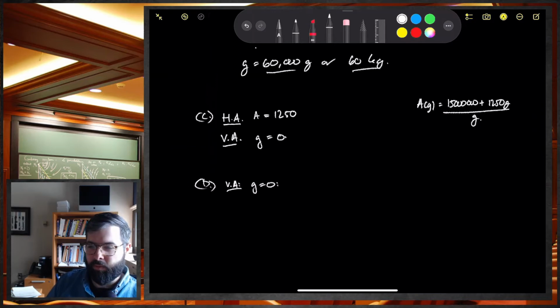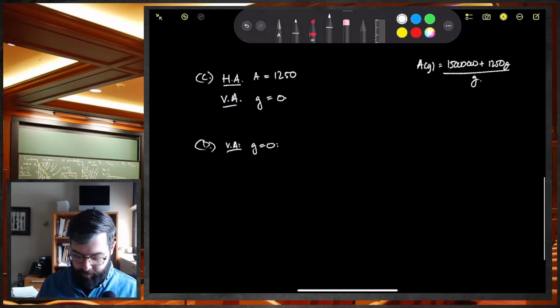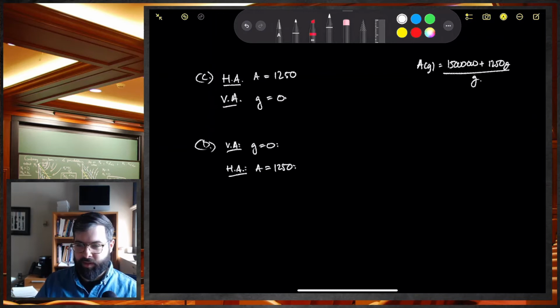What's more applicable is the horizontal asymptote, which is the long-run behavior. So what does that mean? Well, the long-run behavior being 1250 says that over time, the average cost per item will be $1,250 per gram, which is the cost to produce the drug.